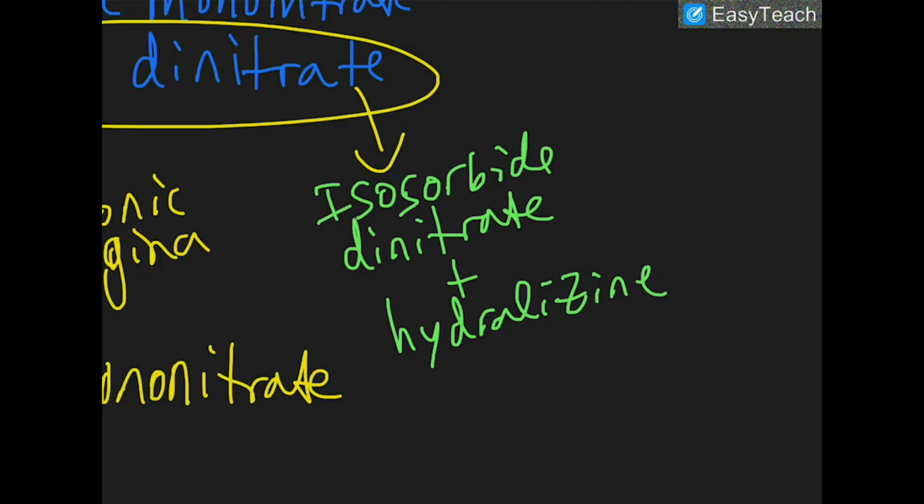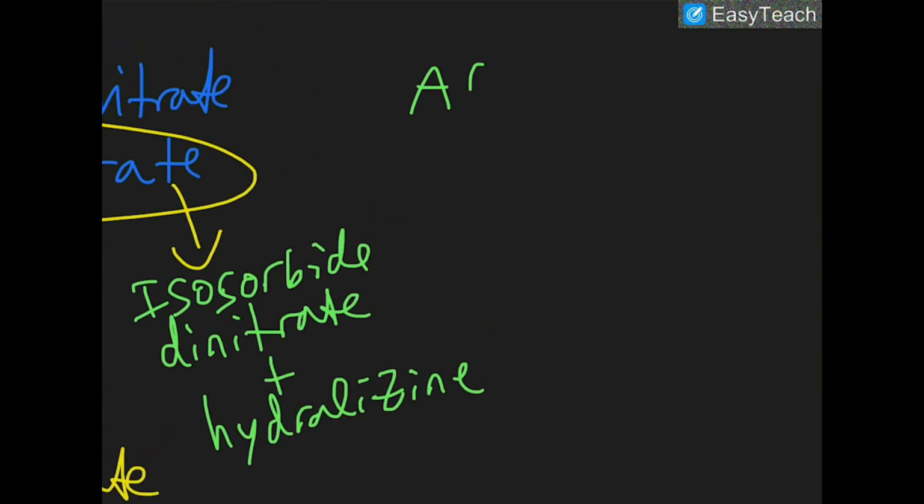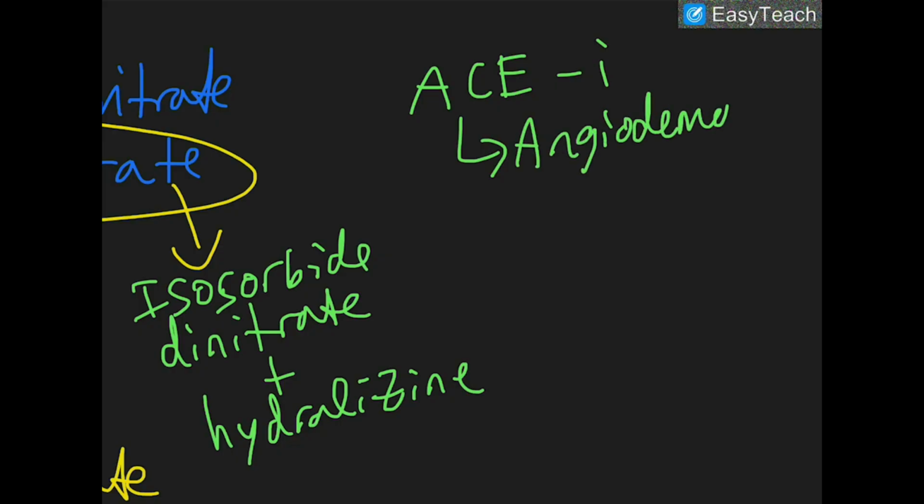Isosorbide dinitrate and hydralazine can be used as a substitution for ACE inhibitors in certain patients that have heart failure but don't tolerate ACE inhibitors. Remember the side effects of ACE inhibitors. Angioedema is a dangerous side effect.